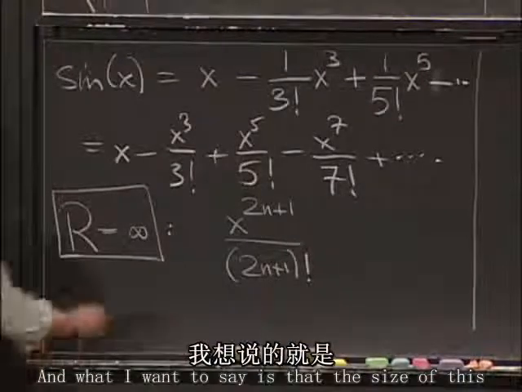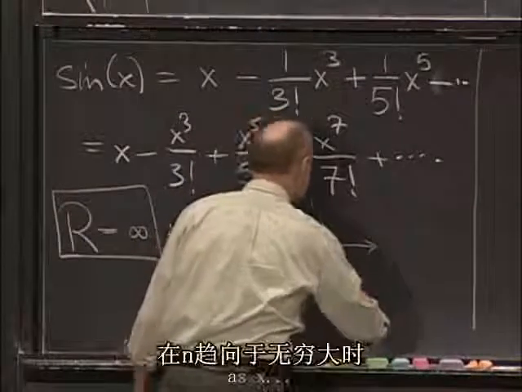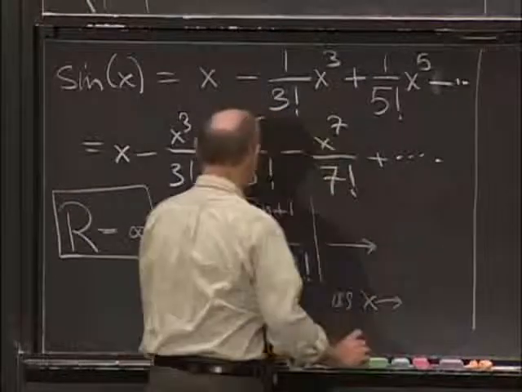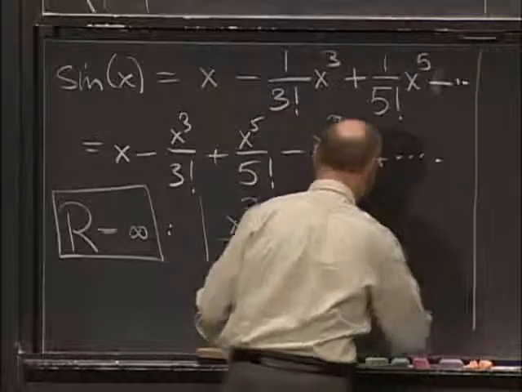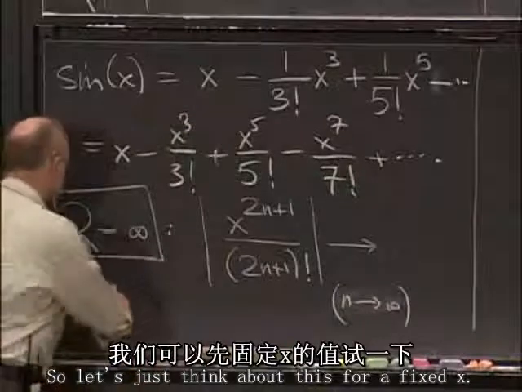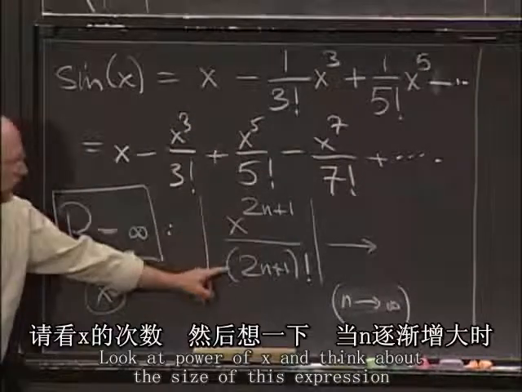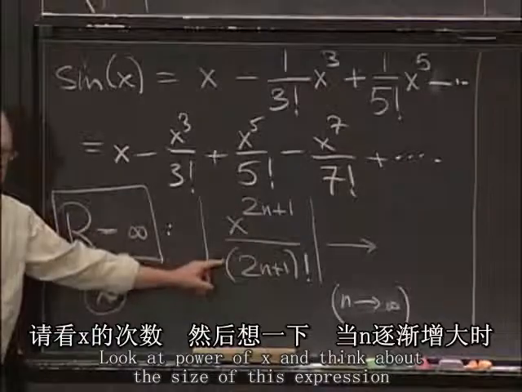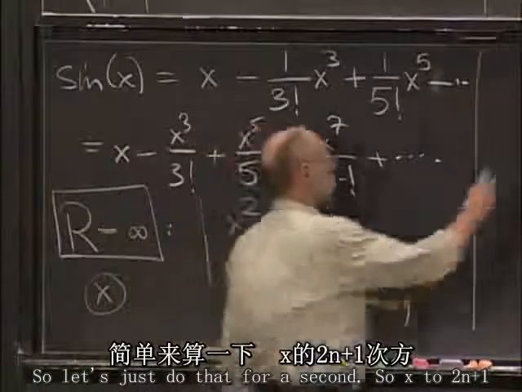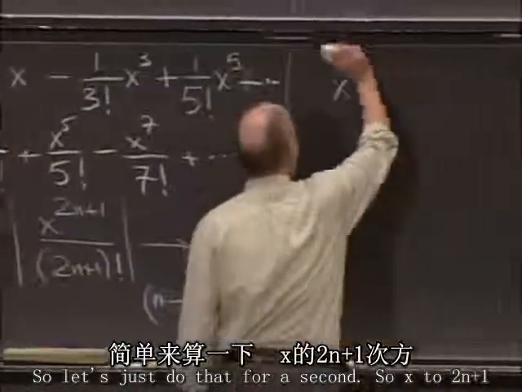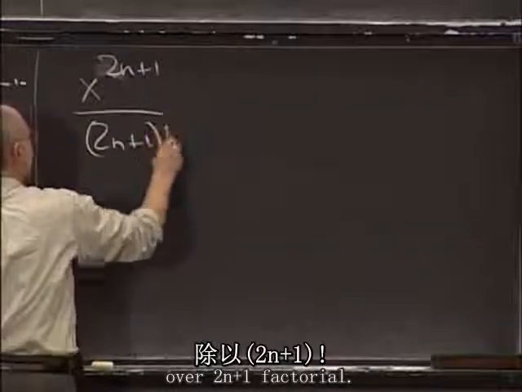And what I want to say is, what happens to the size of this as n goes to infinity? So let's just think about this for a fixed x. Let's fix a number x. Look at powers of x and think about the size of this expression when n gets to be large. So x to the 2n plus 1 over 2n plus 1 factorial, I can write out like this.